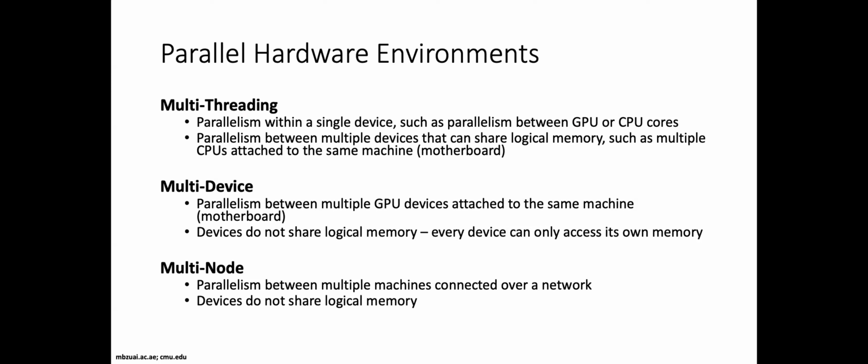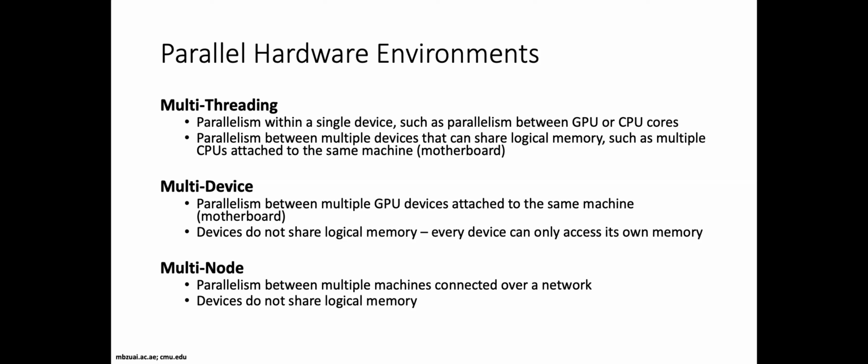Note that if you plug multiple GPUs into one motherboard, they cannot access each other's memory directly. They have to explicitly send and receive messages to each other. So when we say multi-threading, GPU multi-threading only ever occurs within a single GPU card. CPU multi-threading can occur within all the cores on a single CPU, but it can also occur between cores on different CPU sockets. And that's because CPUs share a single memory space.